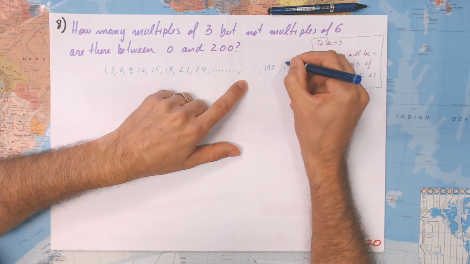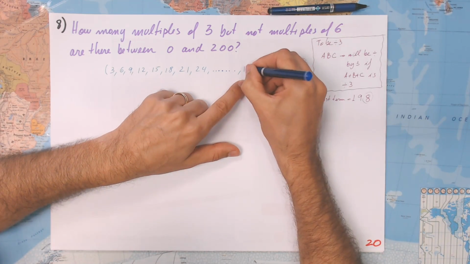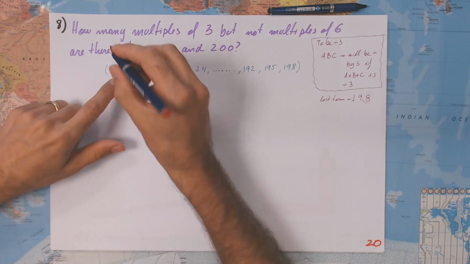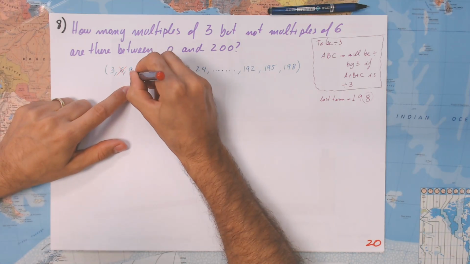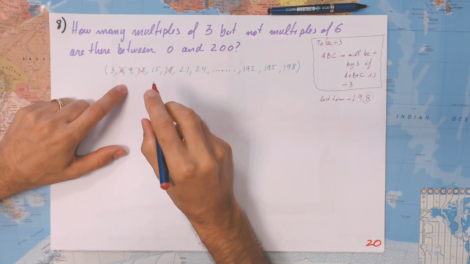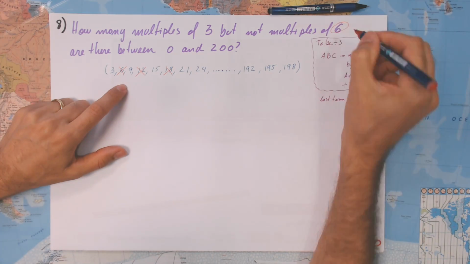I'm just writing the multiples of 3, and 192. Okay, but we are not going to use the 6, we are not going to use the 12, the 18. Why? Because all of those are multiples of 6 and we don't want this.